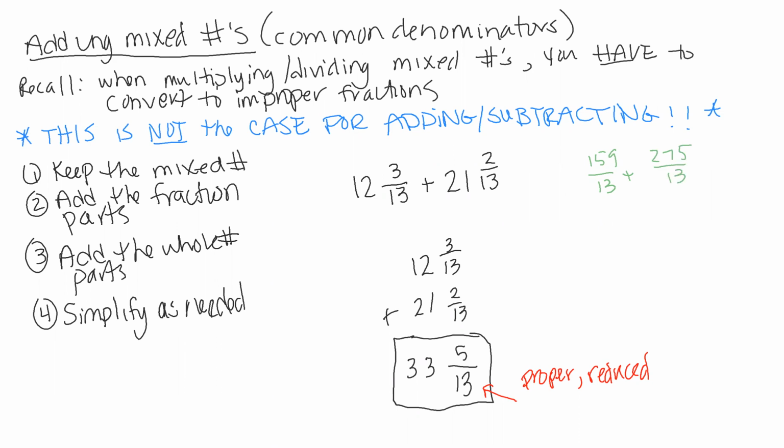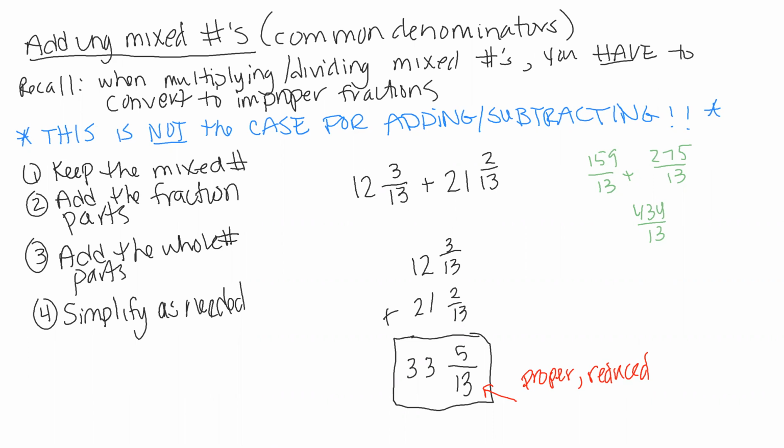And then if I added my numerators, I would get 434/13, which already, and I'm a math teacher, but already that makes me a little nervous. I'm like, oh, shoot, how am I going to simplify that? Even further, it's going to take a lot of work to convert it back to a mixed number. So this is why I prefer to keep my mixed numbers as mixed numbers.